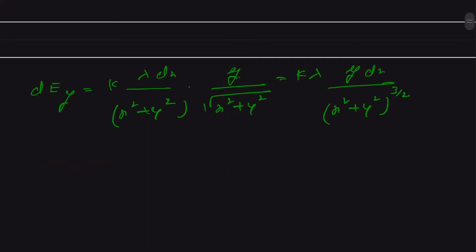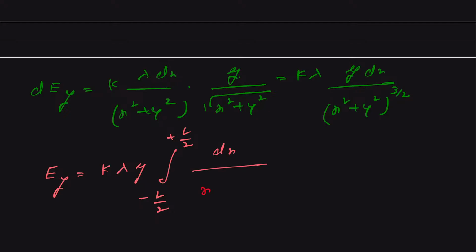So total electric field in y direction will be the integral of k lambda y, and integration goes from minus L/2 to plus L/2, dx over x square plus y square to the power 3/2.